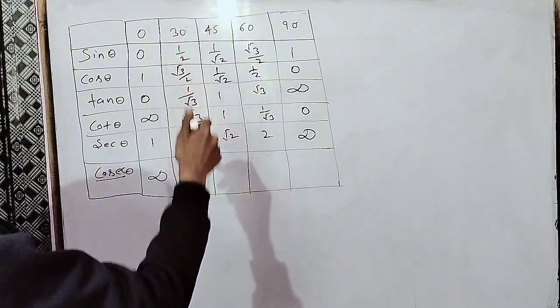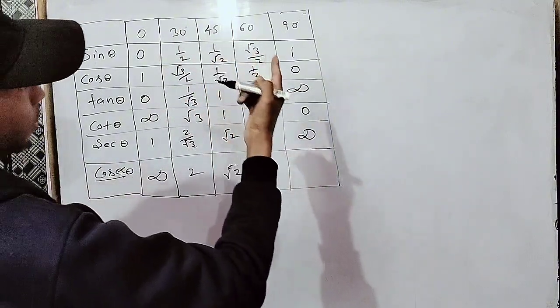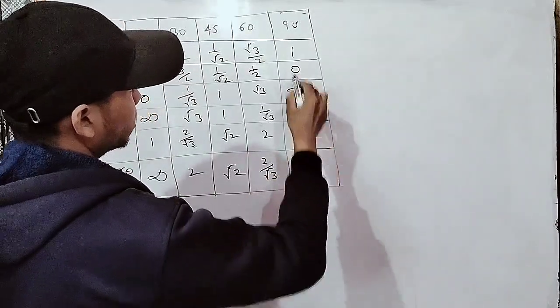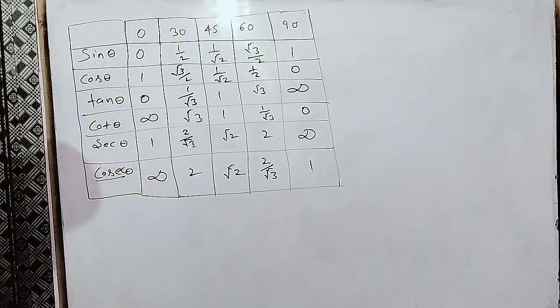And now 1 by 1 by 2 is 2, then root 2, then 2 by root 3, and then this would be 1. Is it correct? Yes, this is correct.